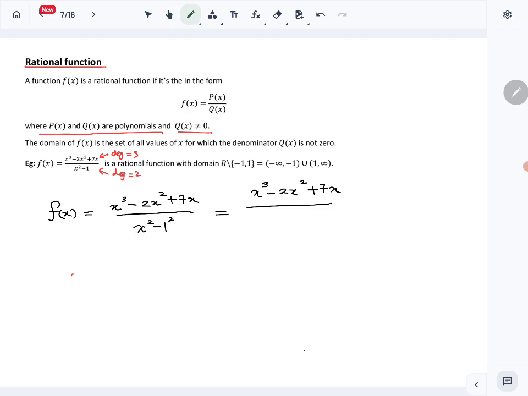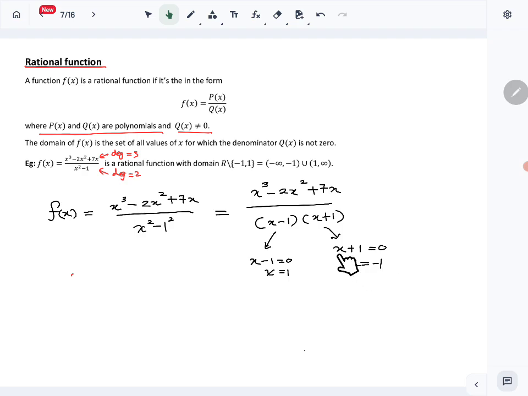Difference of squares. So you get x minus 1 times x plus 1. So that means what? We can equate this to 0 and get x equals 1, equate the second factor and get x equals minus 1. So when x equals 1, what happens? If you substitute x equals 1, this is 0. So therefore the denominator becomes 0. So we have to get rid of x equals 1 from the domain.